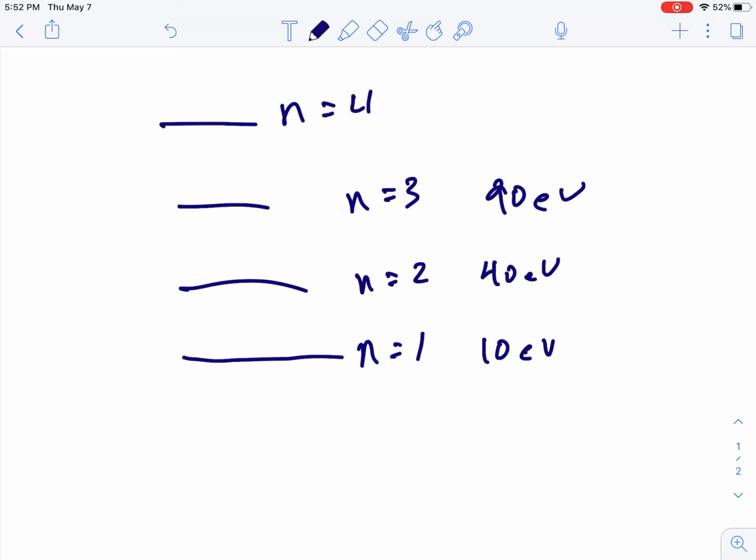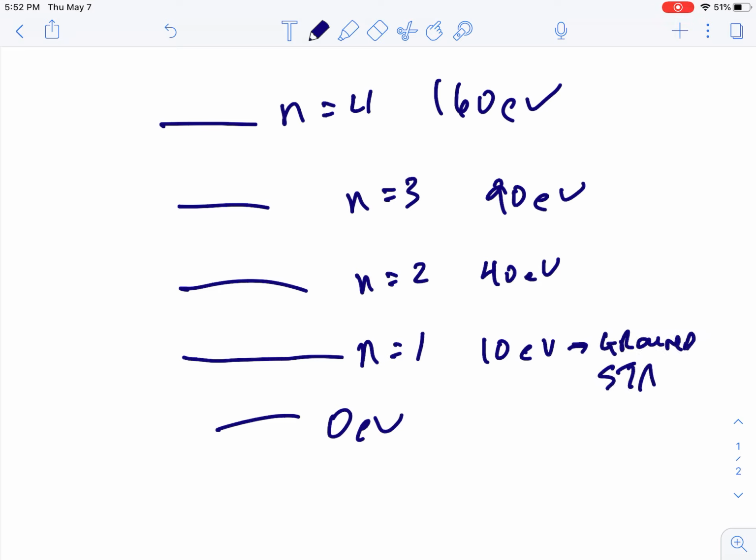Then n equals 4, and maybe that's 160 electron volts. And then here we are at 0 electron volts. And this is the ground state. Not to be confused with ground chuck, otherwise known as hamburger.